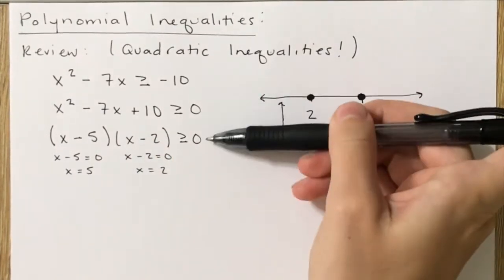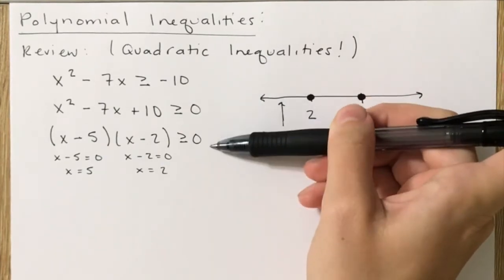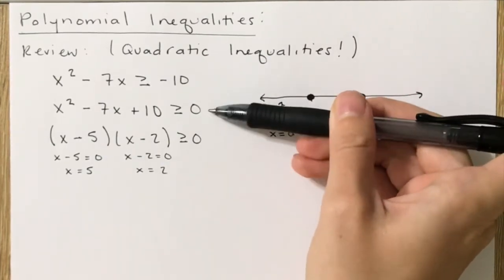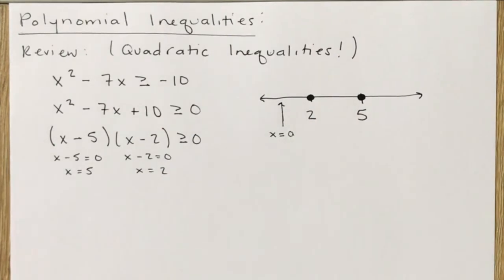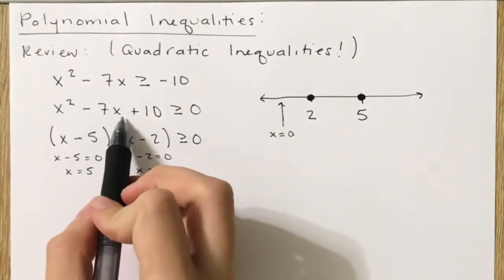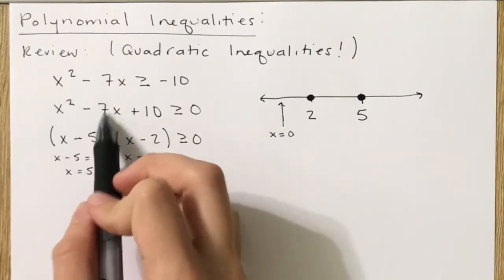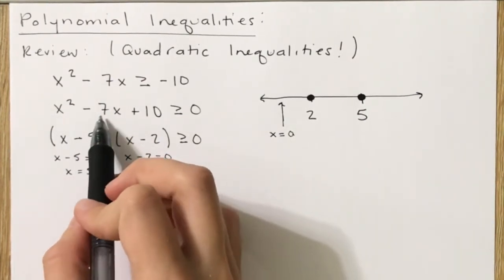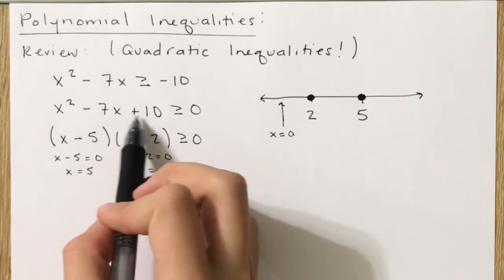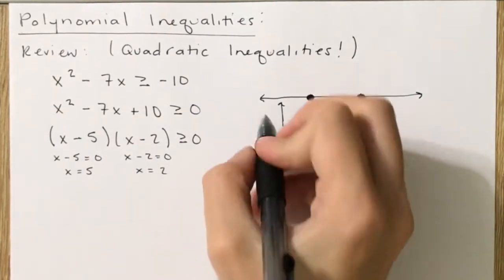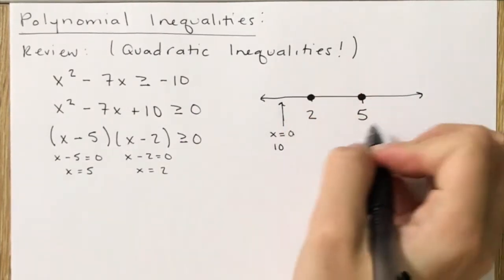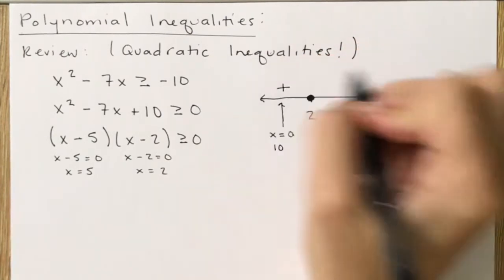These are the same expression, just factored, right? This one's factored, this one's not. So I can plug it into either. I'm going to plug it into this one because that's going to make this term go away, right? 0 squared is 0. It's going to make this term go away because 7 times 0 is 0. And then we just have 10. So this is 10. 10 is positive, so there's a plus sign here.